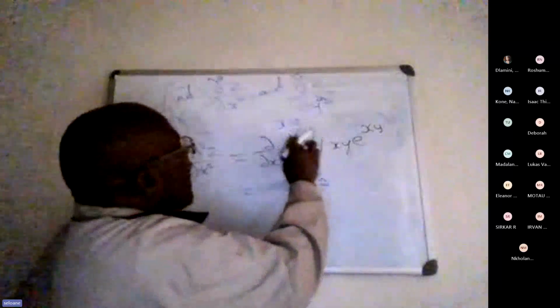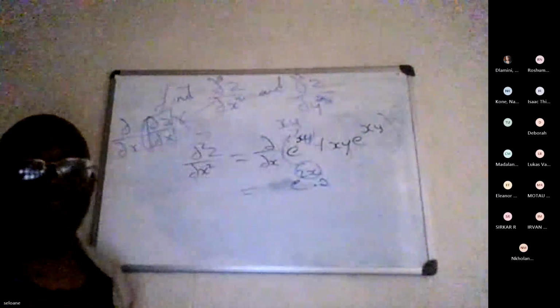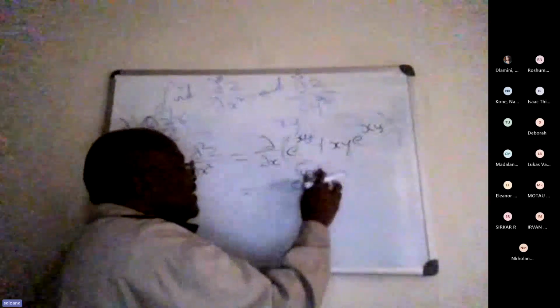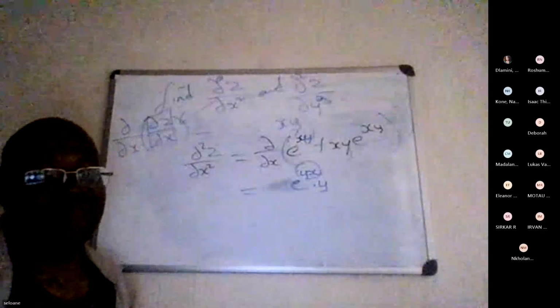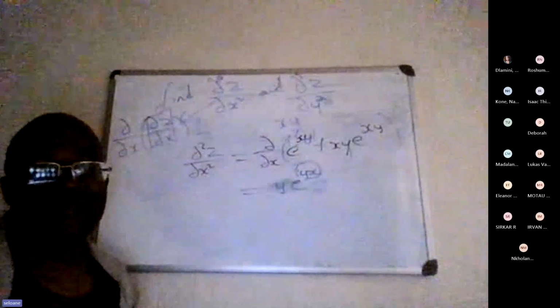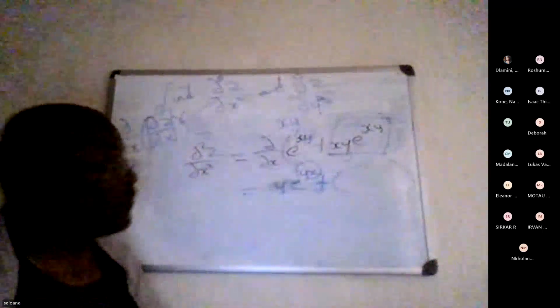Therefore, if this 2 is y, then what will be the answer? It will be this. Now, it will not be plus; plus now what? The derivative of this. Don't forget, y is a constant.